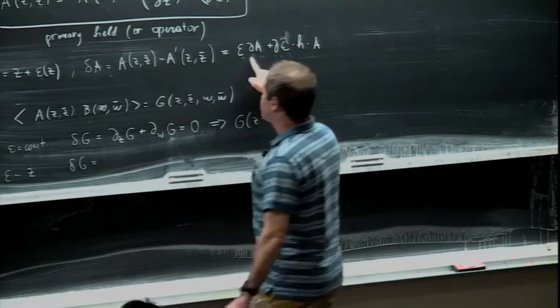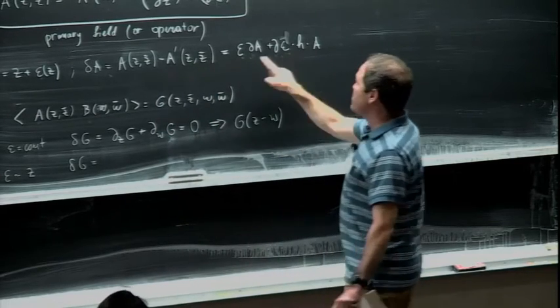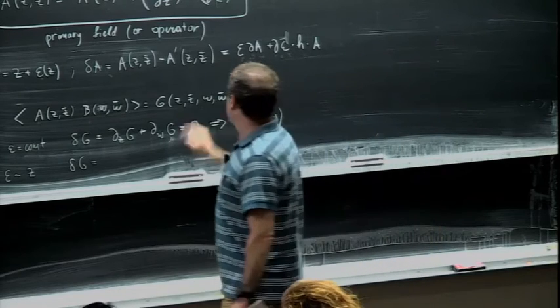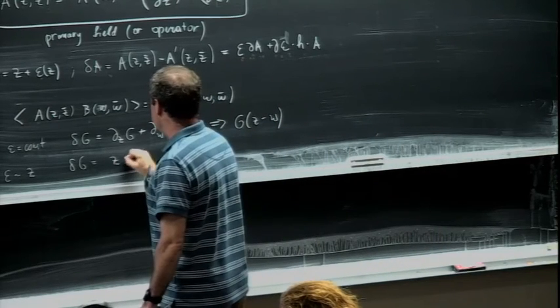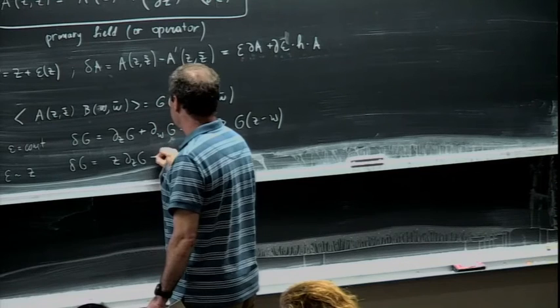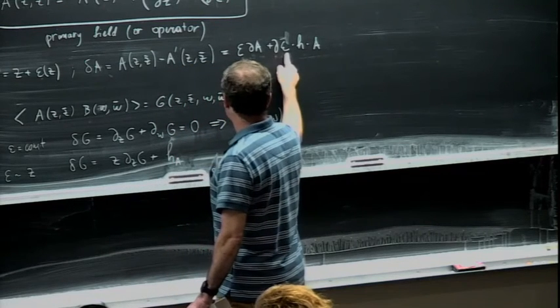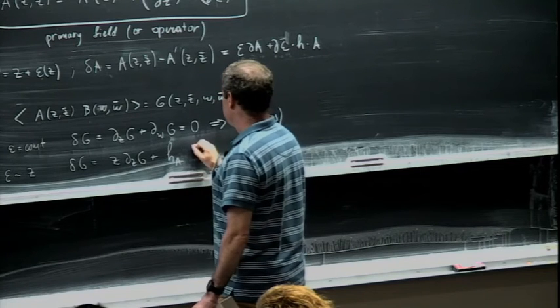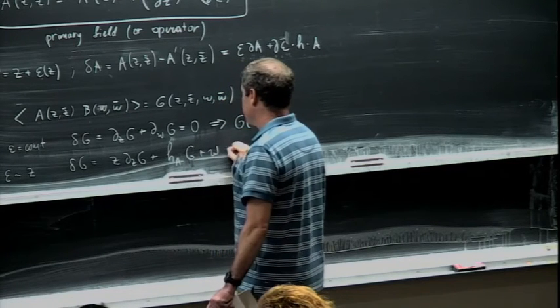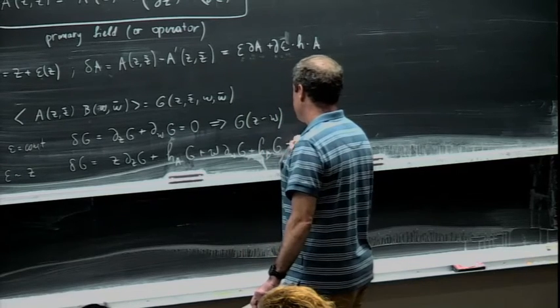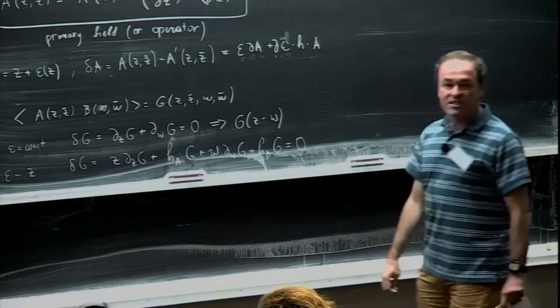Well, I have to change A and change B according to this rule, but now epsilon is z or w. And so what I'm going to get then is that z d_z G plus h_A times d epsilon, which is 1, G plus w d_w G plus h_B G. This had better be equal to 0.